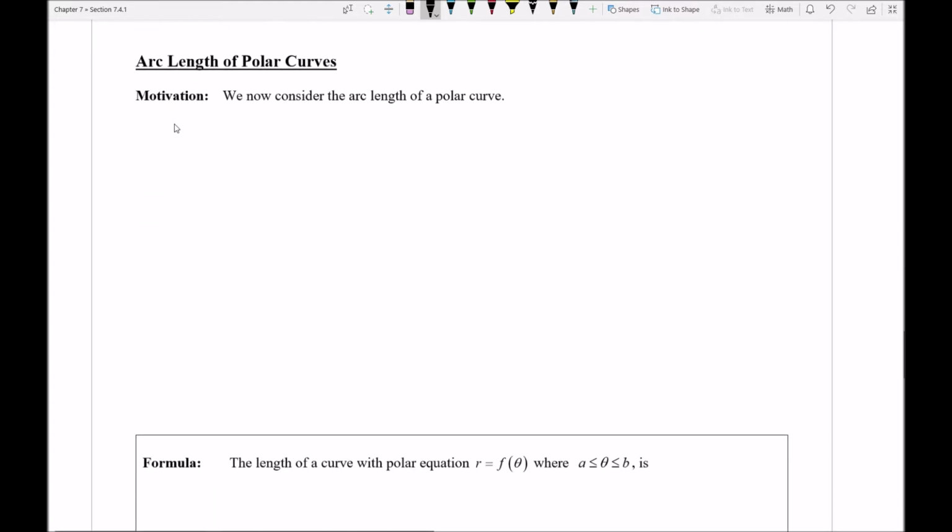Now, if I take a look at the arc length for a polar curve, the way that I could start to do this is, again, to import ideas that we had in the previous section about parametric curves and their arc lengths. So again, if I want to consider the arc length of a polar curve, I can imagine that I have an equation of r is equal to f of theta, where my values of theta range from a to b, and I want the arc length of this.